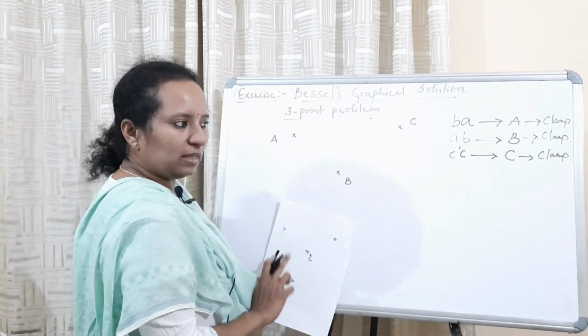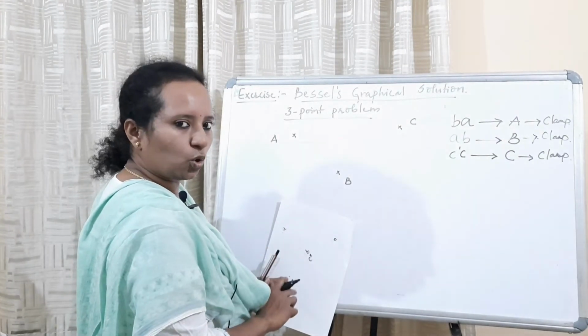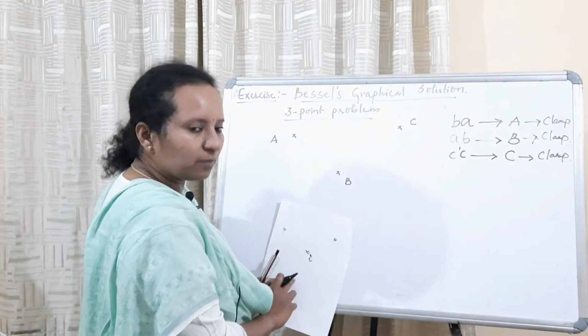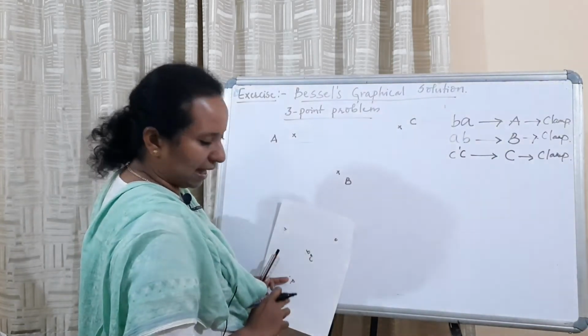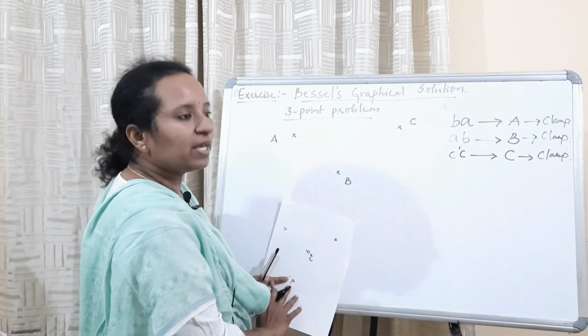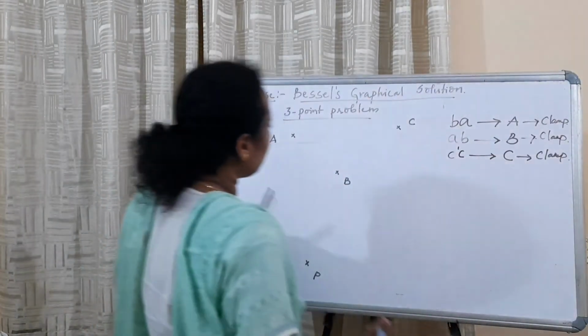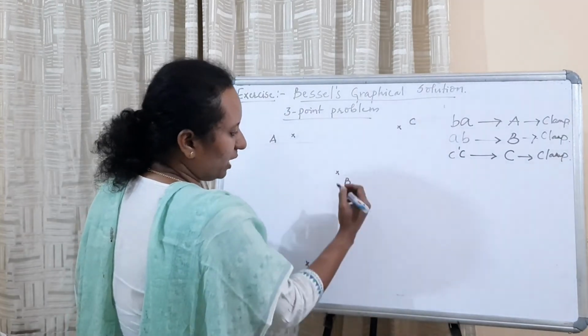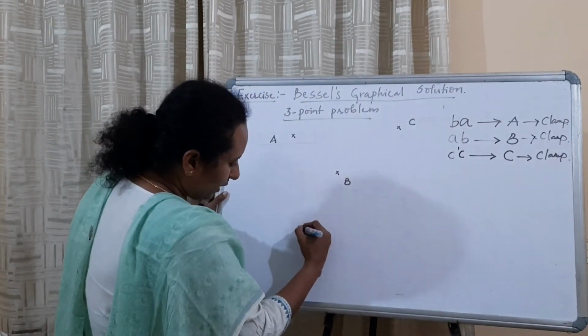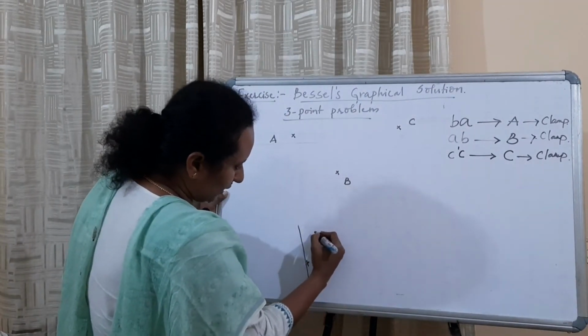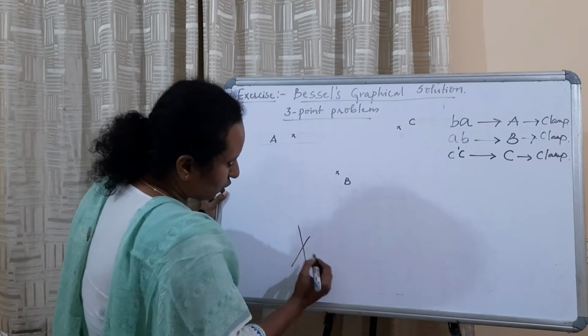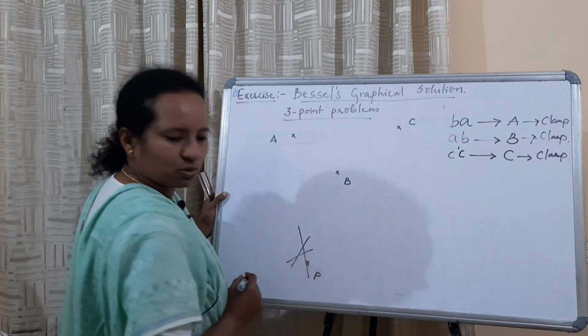Now, if all the 3 lines coincide at a single point, whatever exercise we have carried out is correct. If at all there is any error, imagine the line from A comes over here, the B line comes over here and the C line comes over here.